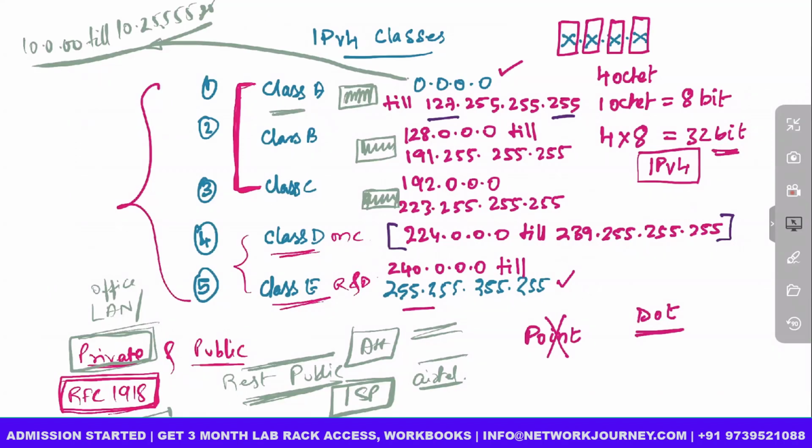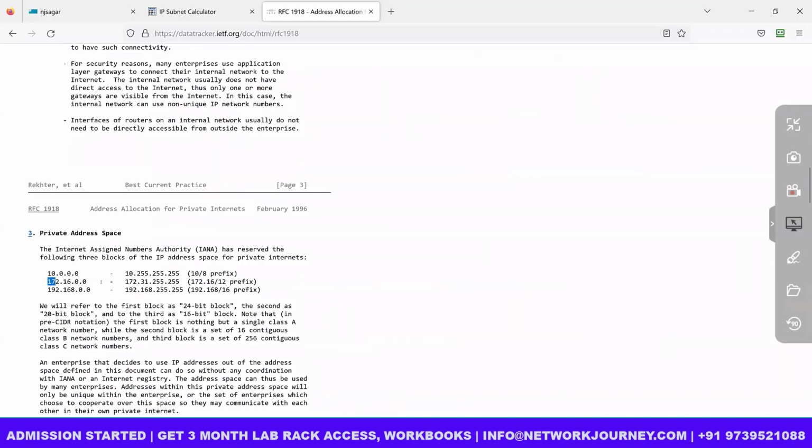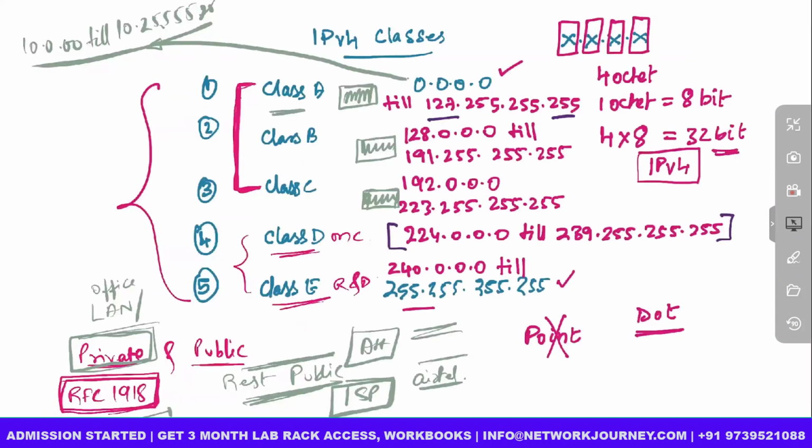Similarly, if you see the next class, class B, 172.16 till 172.31. So 172.16.0.0 to 172.31.255.255. This block is dedicated for private network.